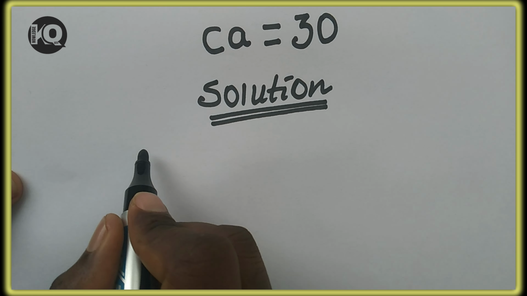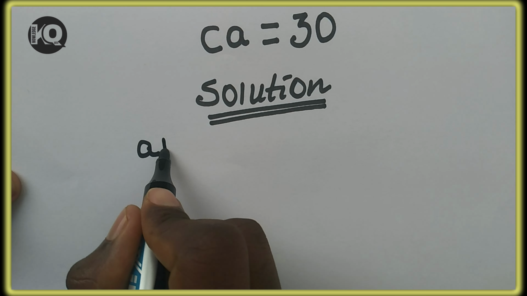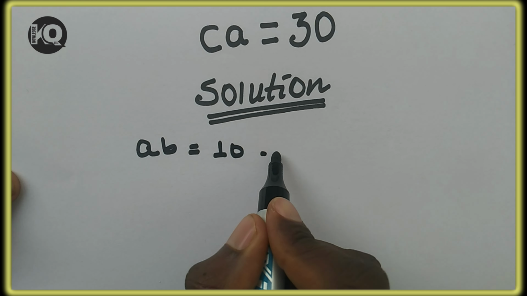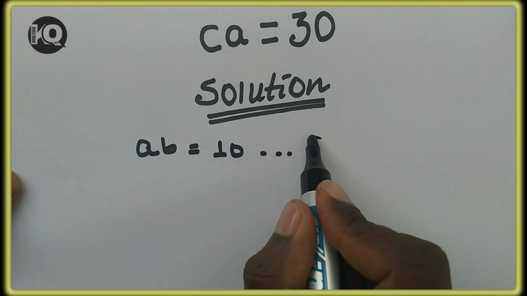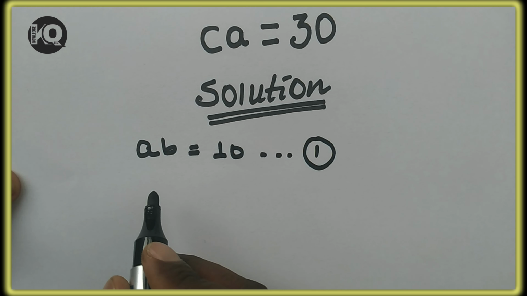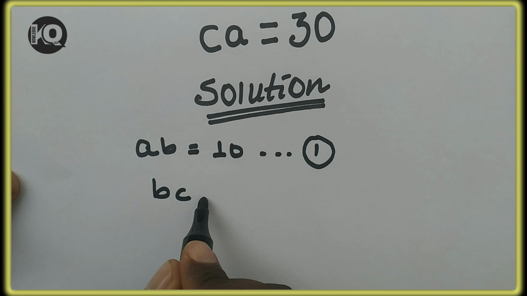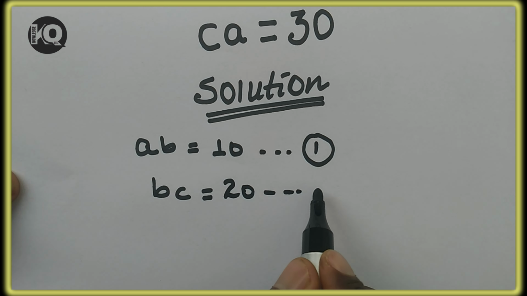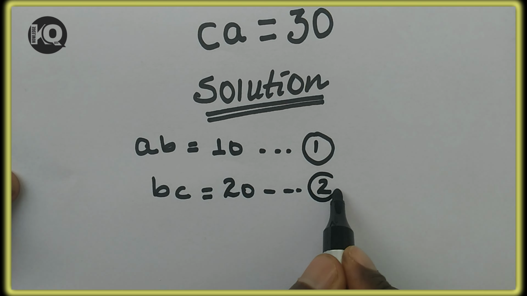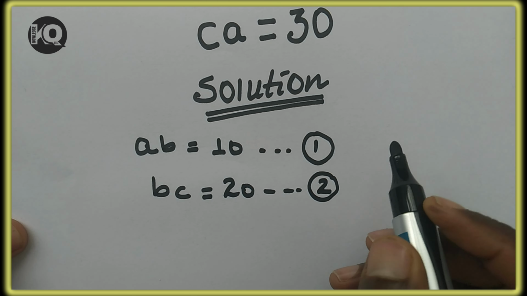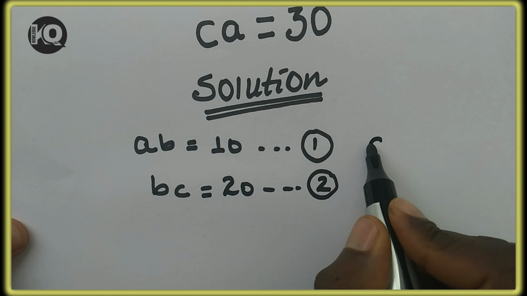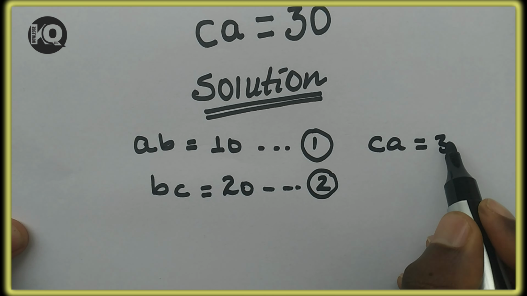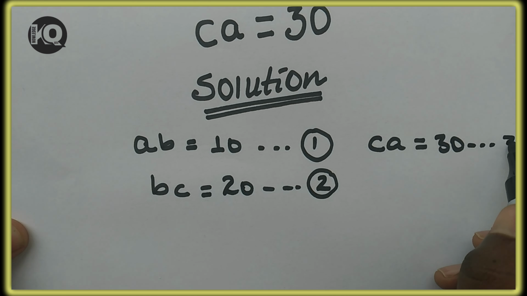Let's say AB, which is equal to 10, as equation 1, and BC, which is equal to 20, as equation 2, and CA, which is equal to 30, as equation 3.